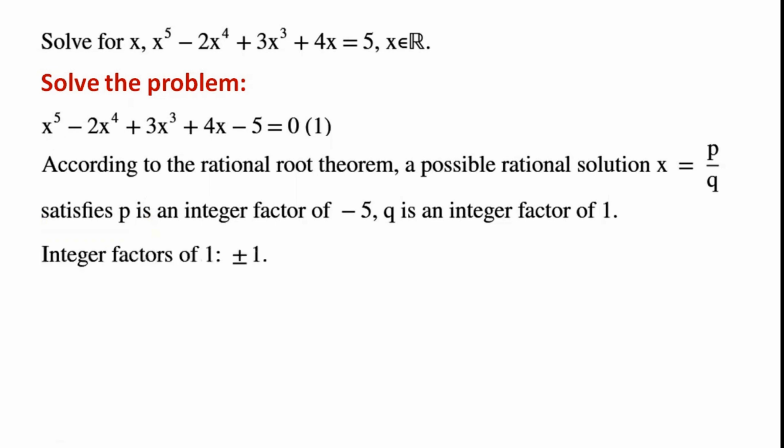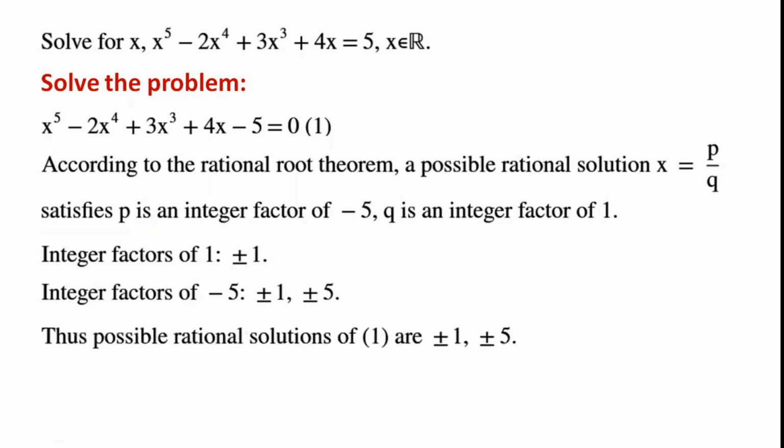Integer factors of 1 are plus minus 1. Integer factors of minus 5 are plus minus 1, plus minus 5. Thus, possible rational solutions of equation 1 are plus minus 1, plus minus 5.